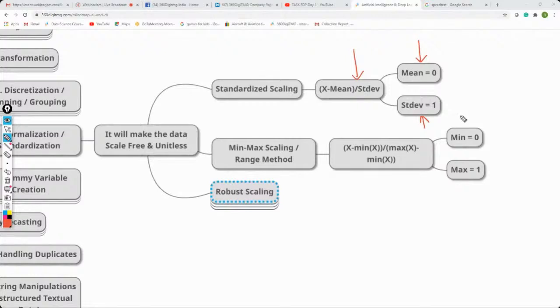And you have something called the min-max scaler or range method. The formula is x minus minimum value divided by max minus min. When you apply this formula, no matter what the minimum and maximum value of your underlying data is, the normalized data will have minimum 0 and maximum 1.